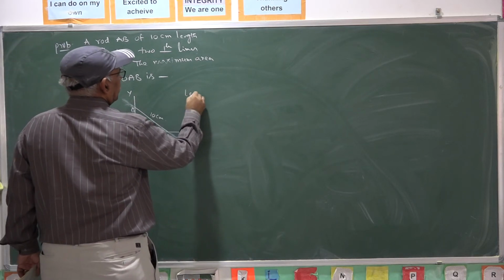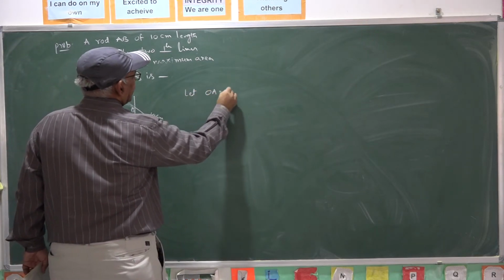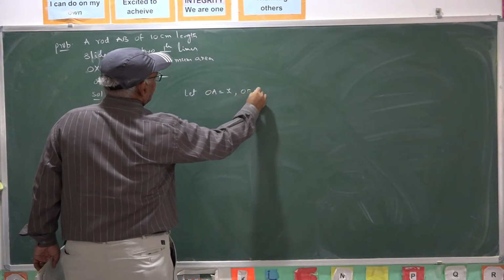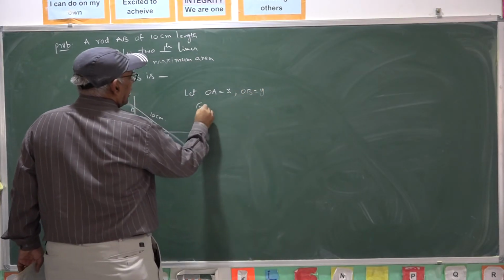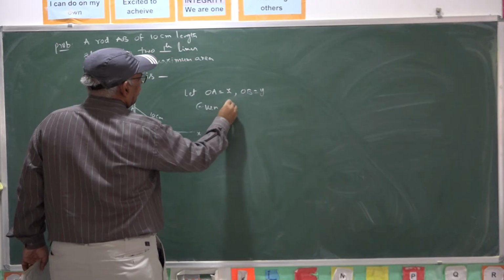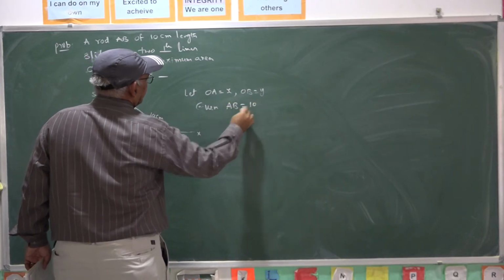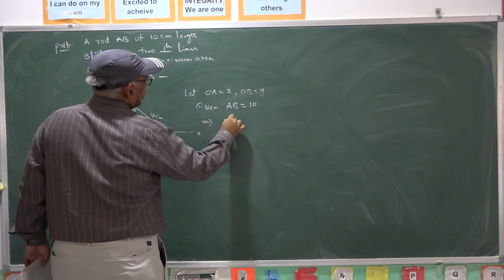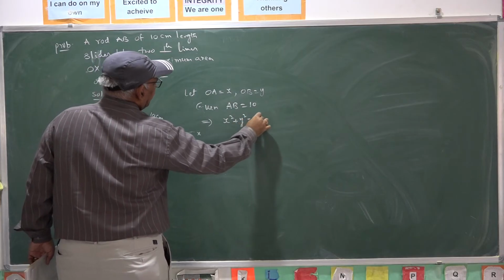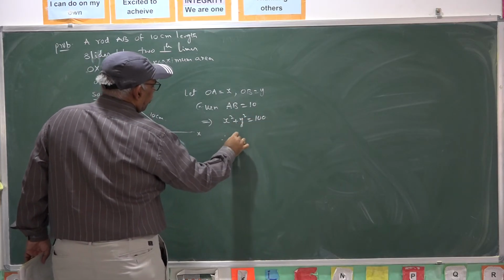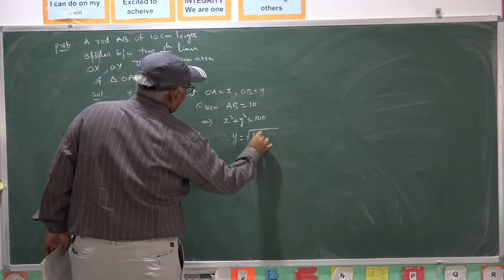So, let OA be x and OB be y, given AB is 10. This implies x square plus y square is 100. Therefore, y in terms of x is square root of 100 minus x square.